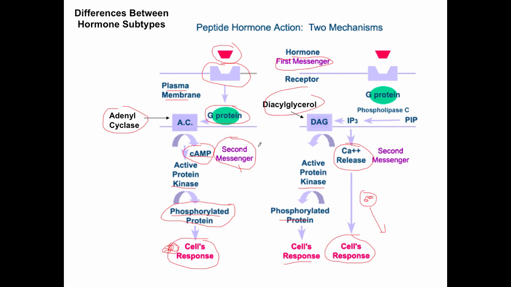And that cyclic AMP will end up phosphorylating a protein which turns it on or off, and that's what brings about the cell response. Okay? And calcium will either independently bring about the cell's response or phosphorylate the protein, turn it on or off, and that'll do it. Okay? So those are the key things to keep in mind.